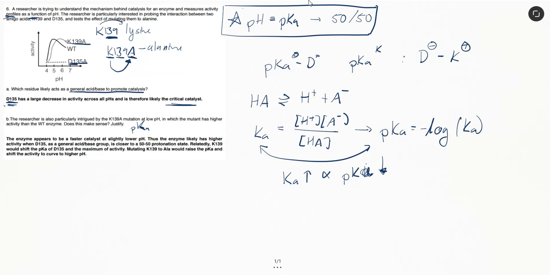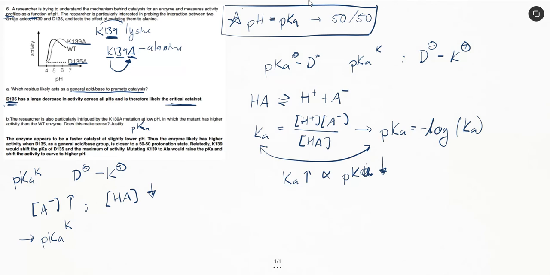So let's look over here now. So for pKa K, which is when D is interacting with K plus, since there's a positively charged amino acid that's stabilizing the negatively charged conjugate base of aspartate, we can say that lysine allows there to be an increase in concentration of the conjugate base, and subsequently a decrease in the concentration of the acid.